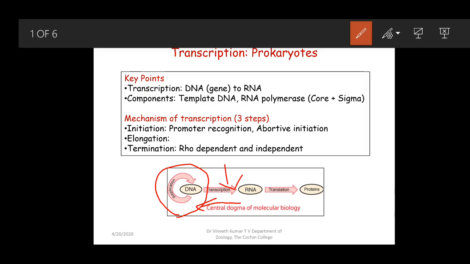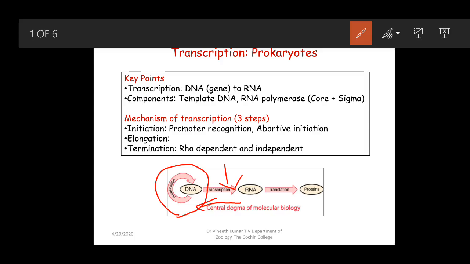At certain times, an RNA is converted to a DNA strand, and this process is called reverse transcription, which is mediated by the enzyme called reverse transcriptase. So in this particular discussion of transcription, we'll be discussing the transcription of an mRNA from a gene or a DNA.